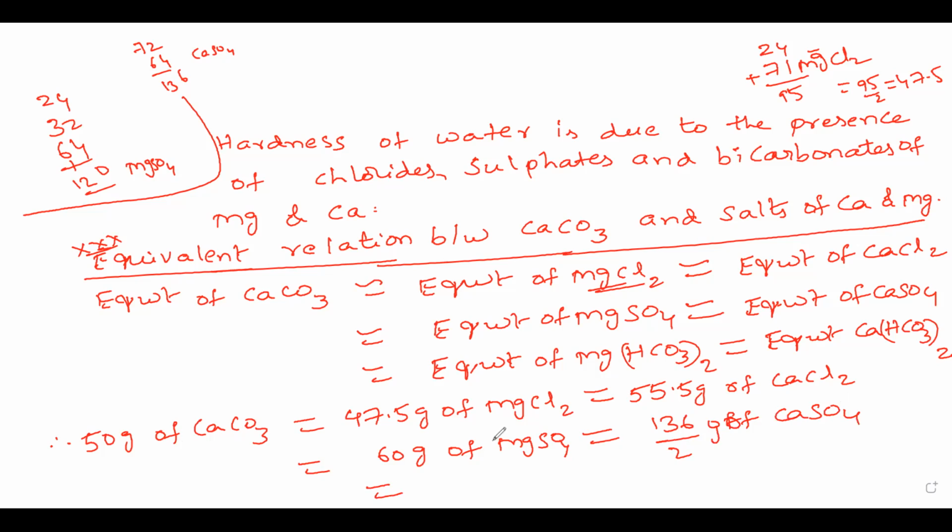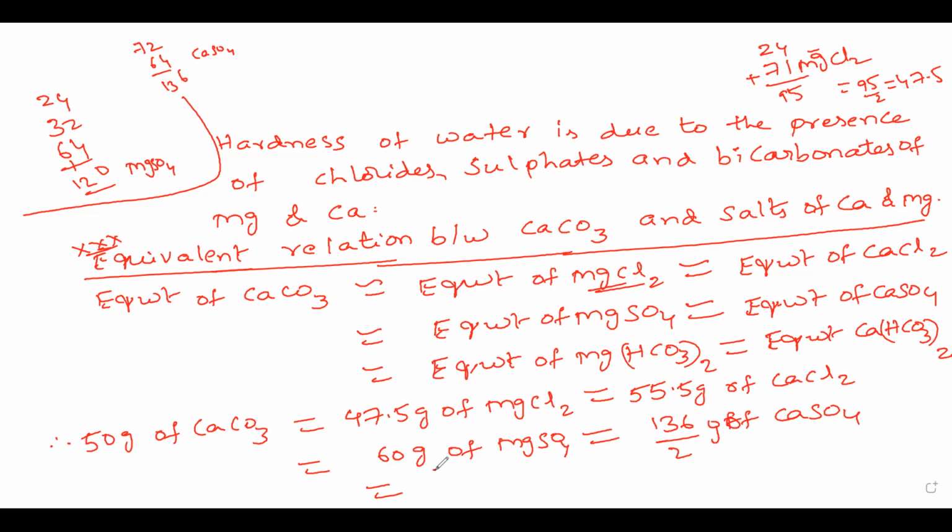These are all equal, we have to take, also equivalent to the equivalent weight of magnesium bicarbonate. Hydrogen is 1, carbon is 12, so 12 plus 1 is 13, 13 plus 48 is 61... so here I am calculating the magnesium bicarbonate weight. 24 plus 126 is equal to 150.